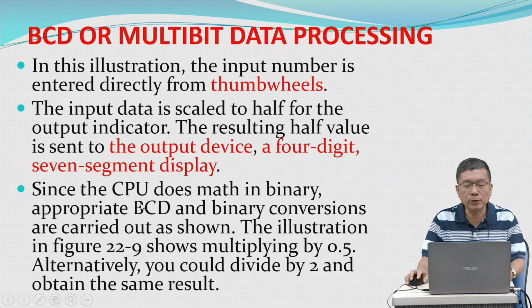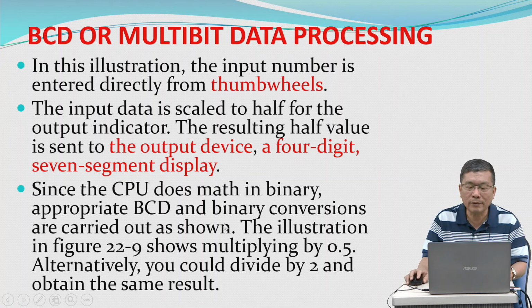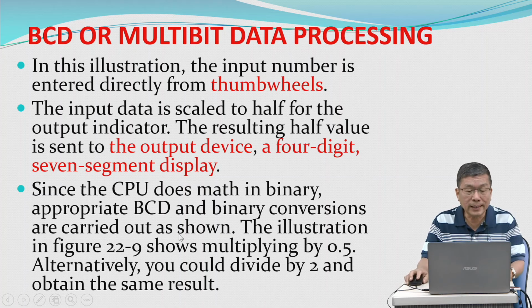Since the CPU does math in binary, appropriate BCD and binary conversion are carried out as shown. The illustration in figure 22.9 shows multiplying by 0.5.